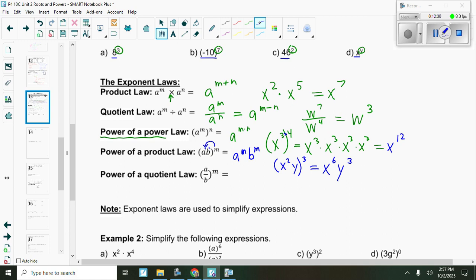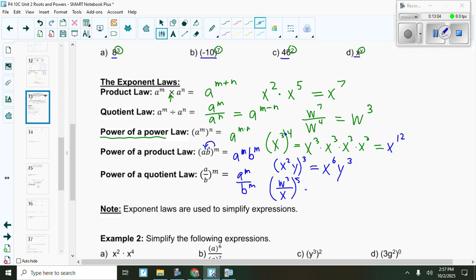And then the last one, the same thing happens here, whether you have a multiplication or a division. This just means that you have a to the m and dividing by b to the m. Each of them gets the exponent that we're looking at. So for this example, let's say we had w to the power of 3 over x, and I did it to the exponent 5.